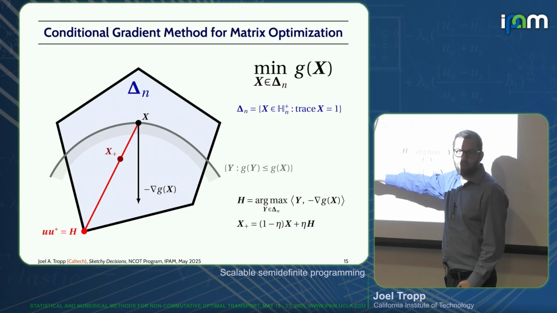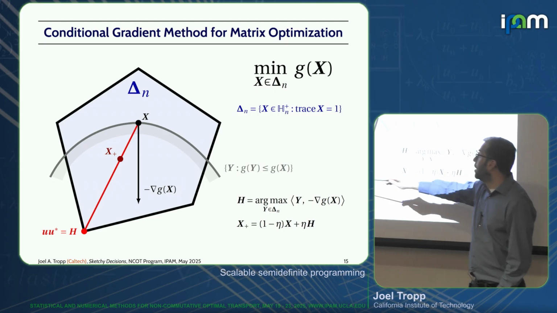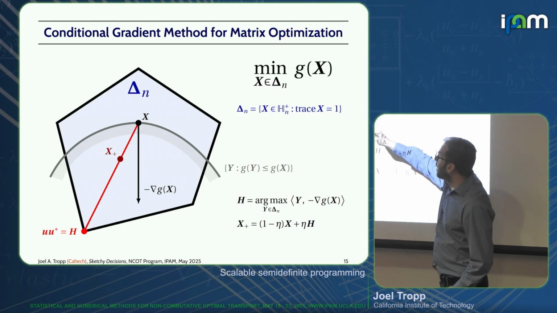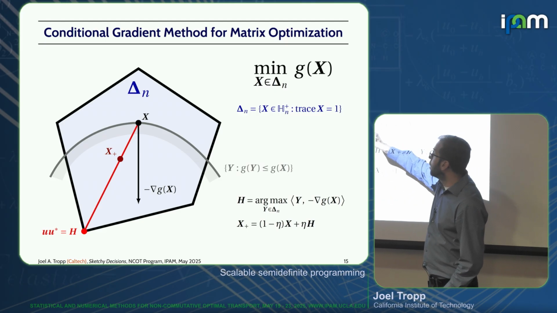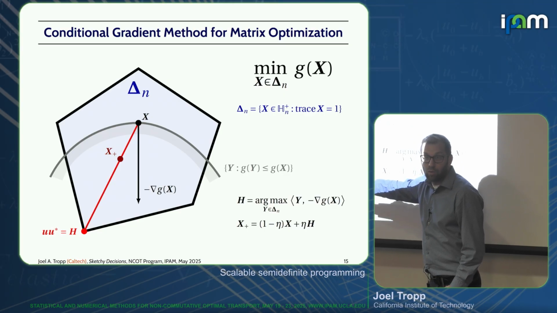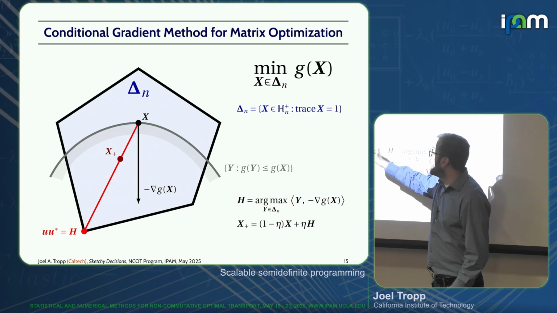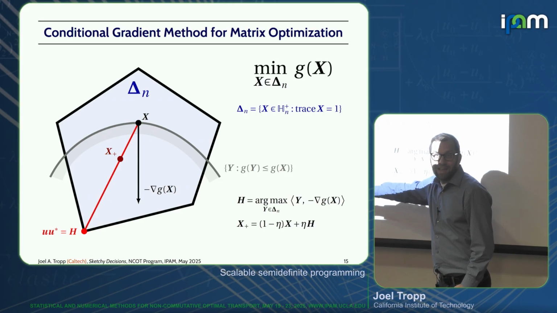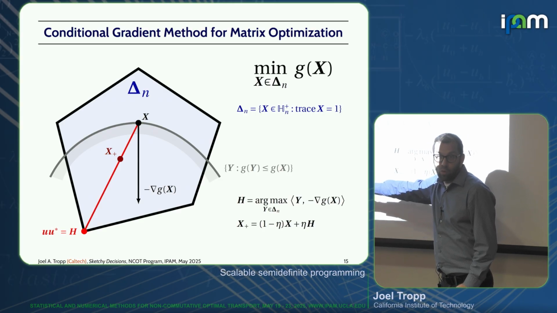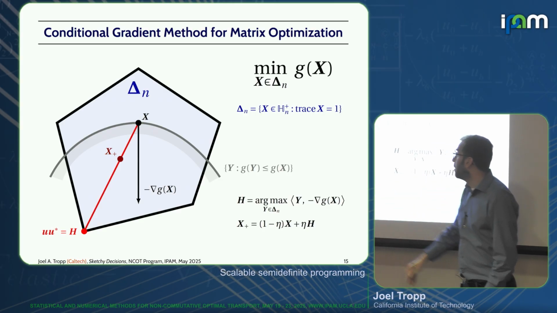Now, what are the extreme points of the set of density matrices? Oh, the rank 1 matrices. So instead of updating x by moving in the direction of the negative gradient, we're going to move as far as possible in that direction. And then we're going to update x by moving in the direction of this rank 1 update. Okay?